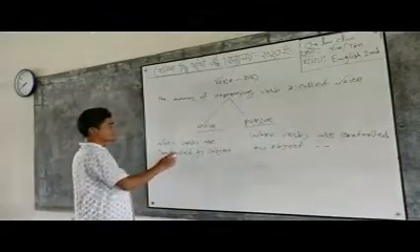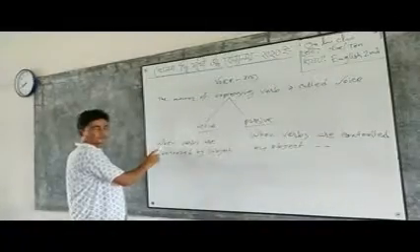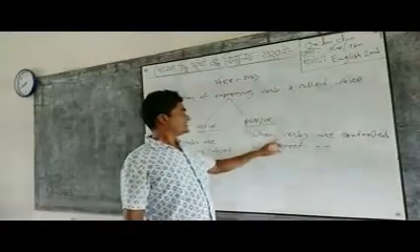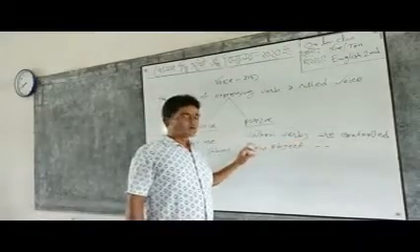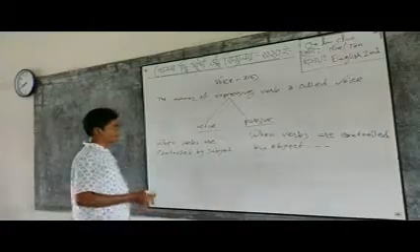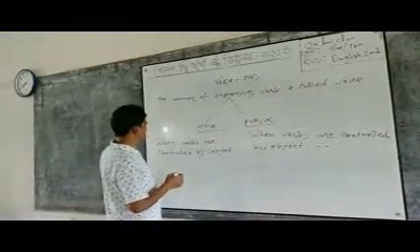That means ক্রিয়া যখন সাবজেক্ট দ্বারা নিয়ন্ত্রিত হবে তখন তাকে অ্যাক্টিভ ভয়েস বলে, এন্ড প্যাসিভ ভয়েস ক্রিয়া যখন অবজেক্ট দ্বারা নিয়ন্ত্রিত হবে তখন তাকে প্যাসিভ ভয়েস বলে. Now I am writing an example.